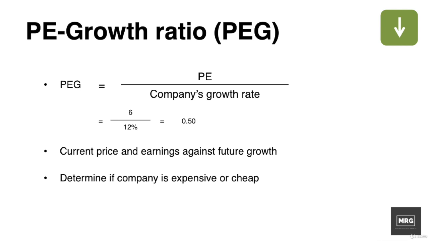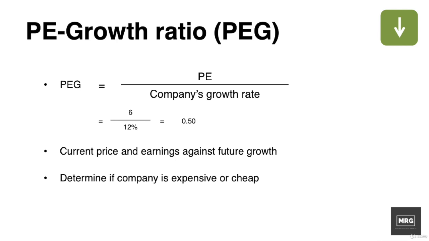So in this example, you have 6 divided by 12%, assuming that the growth rate is 12%, and you will get a PEG of 0.50. So the PEG ratio shows the current price and earnings against future growth. It is really the way to determine if a company is expensive or cheap at this very moment.